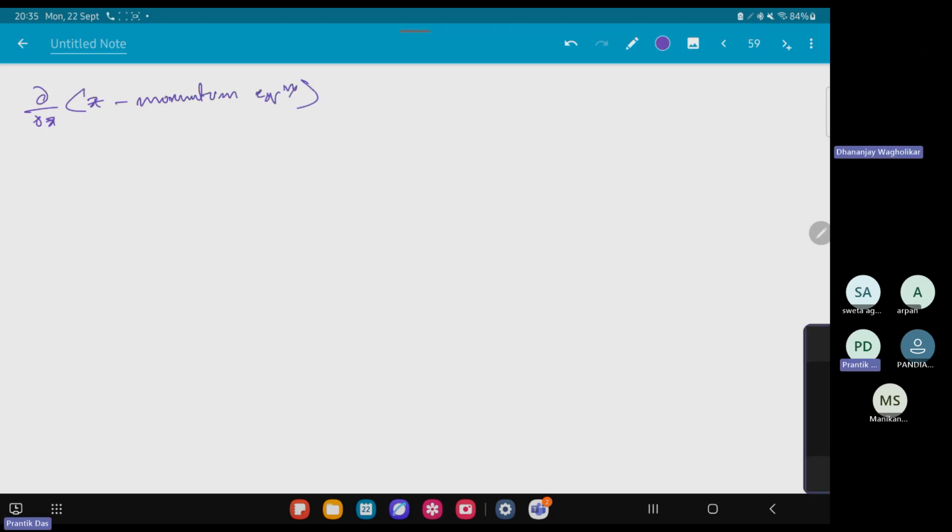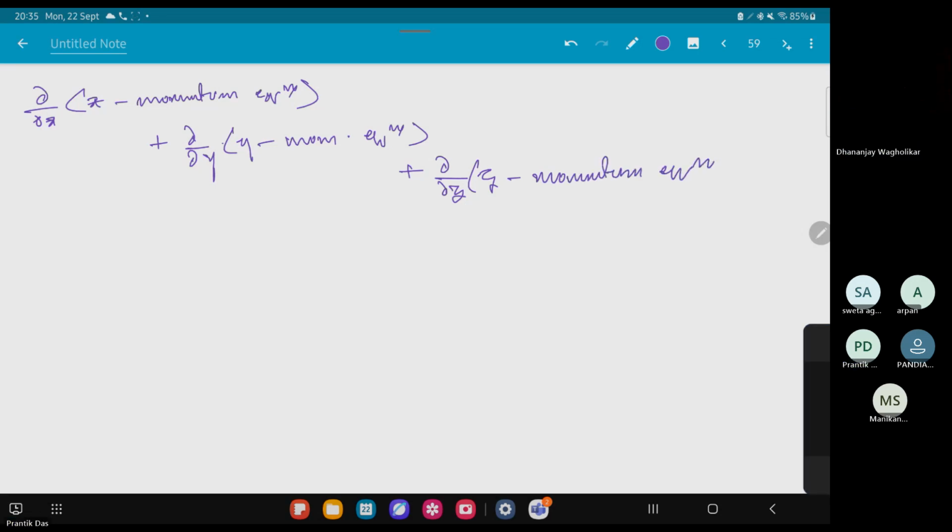So now I'm going to add the ddx of the x momentum equation with the ddy of the y momentum equation with the ddz of the z momentum equation, and then I'm going to find out how this simplifies. If I write it down, you can try it out at home. As of now I am doing it for you.